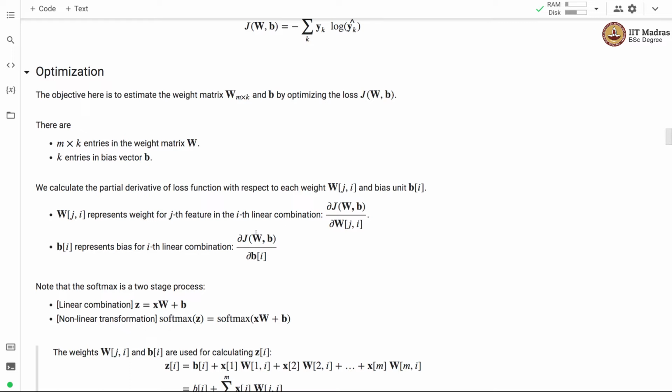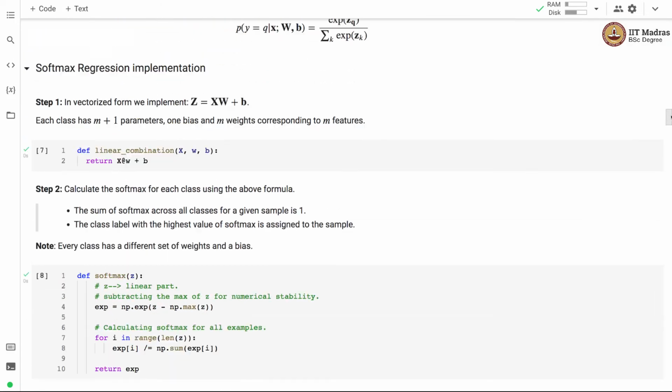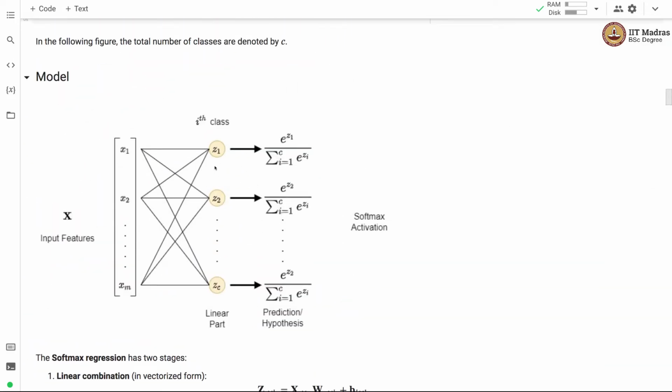Now this loss computation is not as straightforward as in earlier machine learning methods, and the reason is this network structure. Remember, for calculating the probability for every class, we are not only using the linear combination of that class, but we are also using linear combinations from all other classes. And weights are present over here.